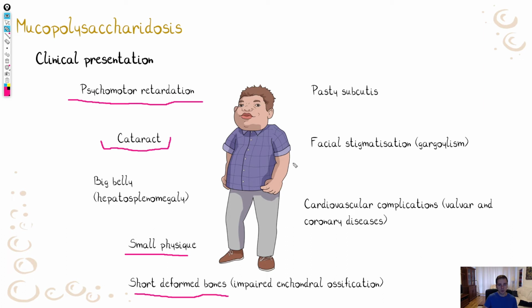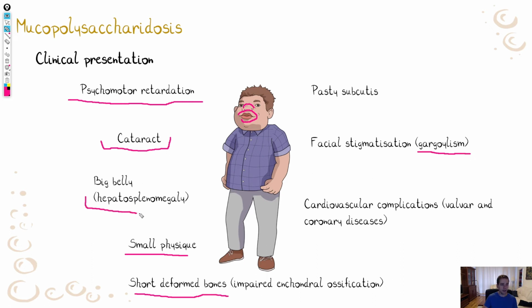The subcutis of those patients is pasty, because the subcutis is full of glycosaminoglycans, and because of that they have typical facial stigmatization, because even the subcutis of the face is full of glycosaminoglycans, and the face has typical appearance. The patients usually have a big nose, big lips, and such stigmatization is called gargoylism.